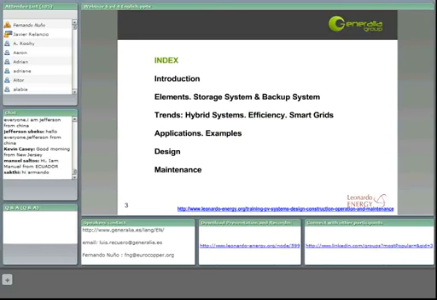We will do a brief overview of the hybrid systems, the efficiency and the smart grids. We will continue with some examples of application of this kind of facility, and we will end the session with the design and maintenance of one of these projects.